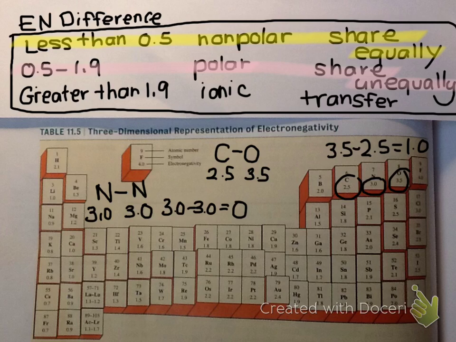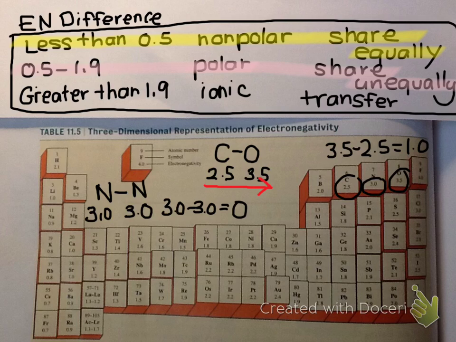In polar covalent bonds, the electrons are not shared equally. They're shared unequally. In fact, if we look at the two numbers, carbon has a 2.5 and oxygen has a 3.5. So oxygen, with a higher number, has a greater attractive power. So if I drew a line, I could draw an arrow going this way. The electrons would be pulled toward the oxygen because it has a higher electronegativity value.